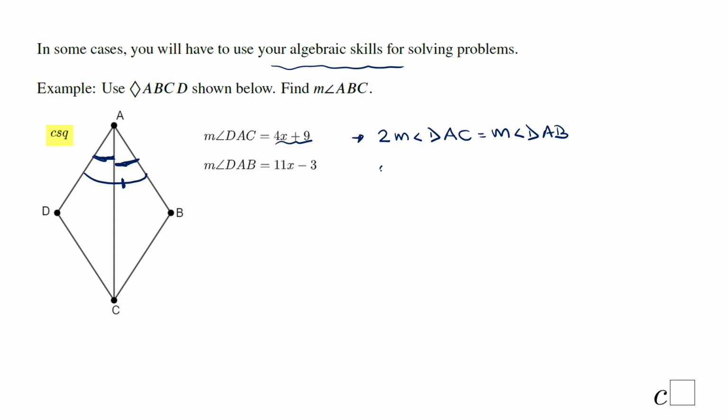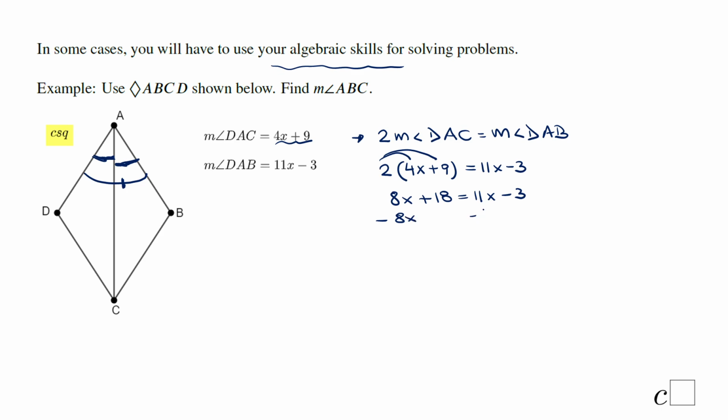So we have 2 times the quantity 4x plus 9 equals 11x minus 3. We're going to use the distributive property here, and we have 8x plus 18 equals 11x minus 3. From here you can solve it in different ways.